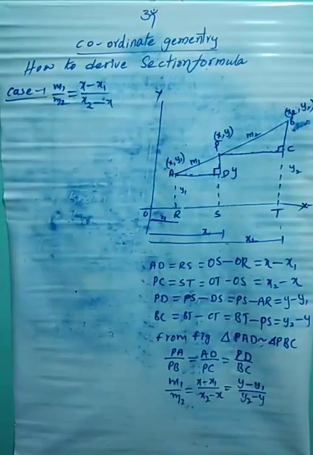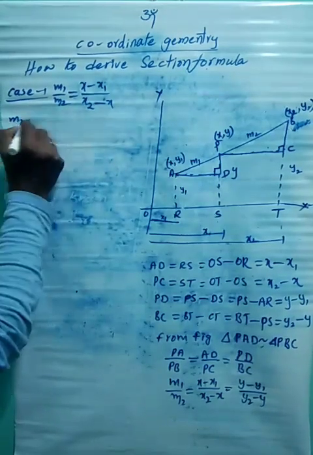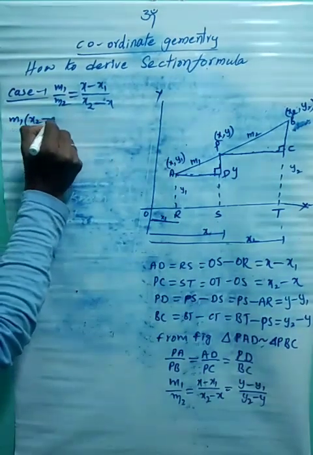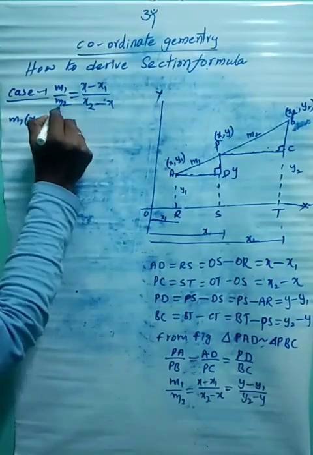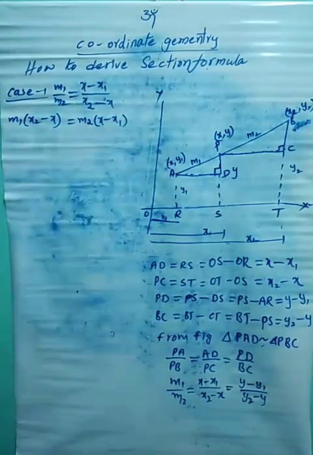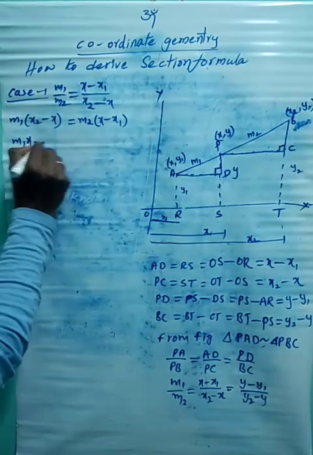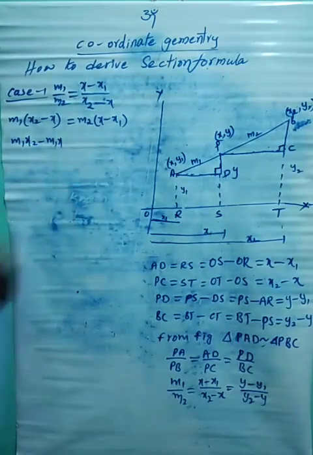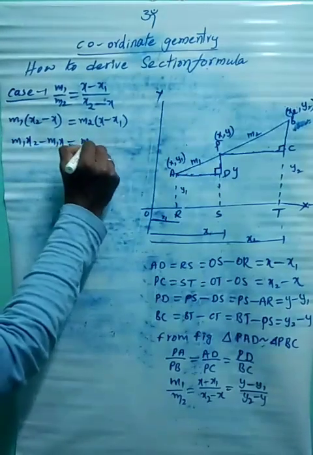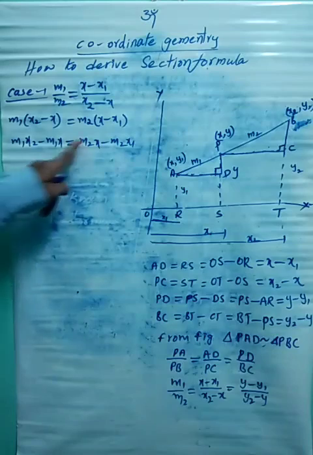First of all, here it is a cross multiplication: M1 of X2 minus X is equal to M2 of X minus X1. Now the multiplication: M1 X2 minus M1 X is equal to M2 X minus M2 X1. Here M1 multiplication, here M2 multiplication.